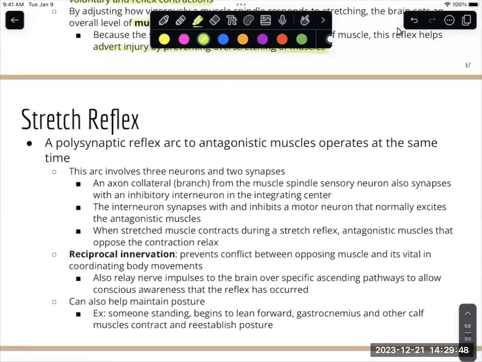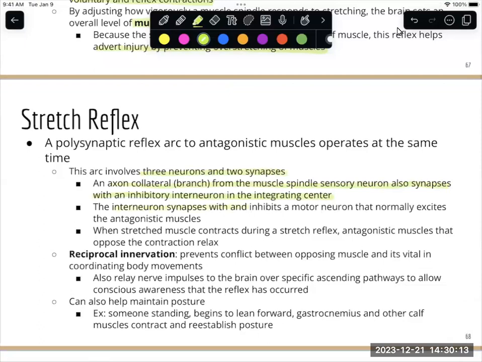So a polysynaptic. This is 3 neurons and 2 synapses. Poly means many. So we have that axon from that muscle spindle, sensory, that is going to an inhibitory neuron in that integrating center.